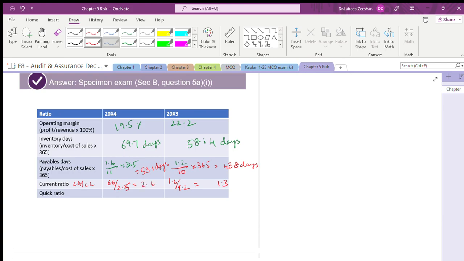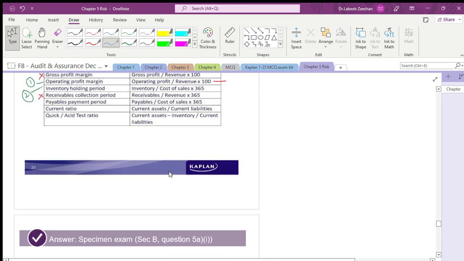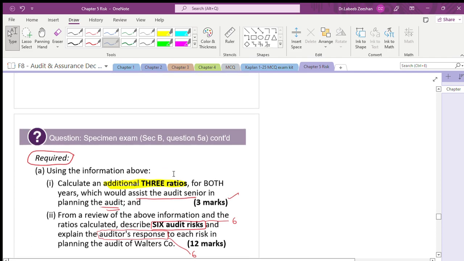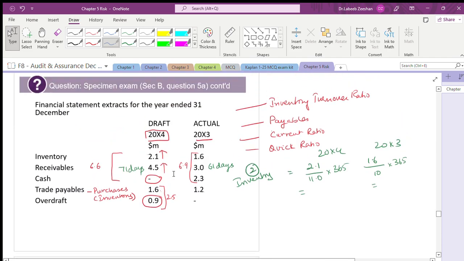Next, what is the quick ratio? Current assets minus inventory, divided by current liabilities.